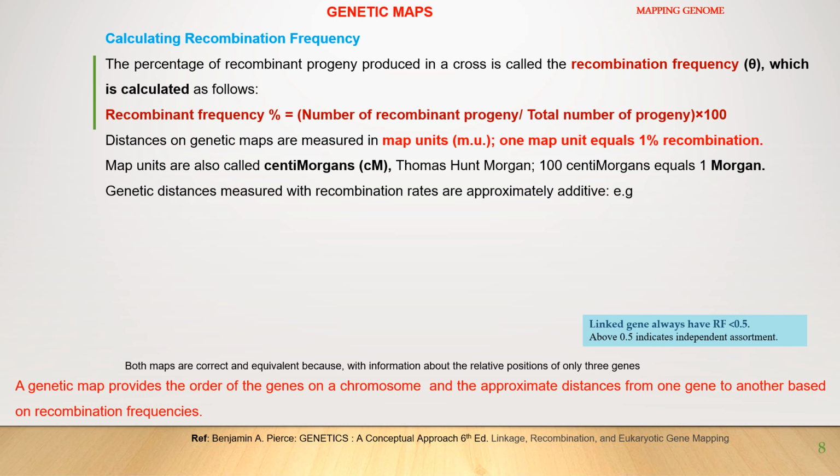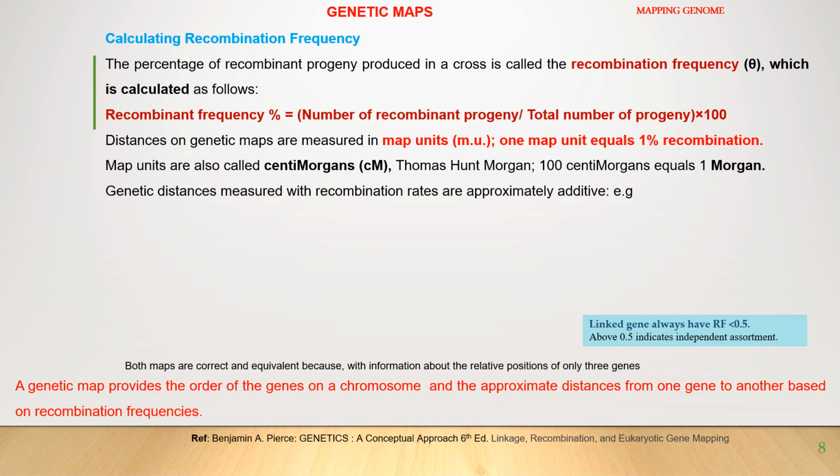Genetic distances measured with recombinant frequency rates are approximately additive. Example, let's consider three genes A, B, and C. After calculation of recombinant frequency, the recombinant frequencies between A and B, and B and C, are estimated to be 5 and 10 map units respectively.